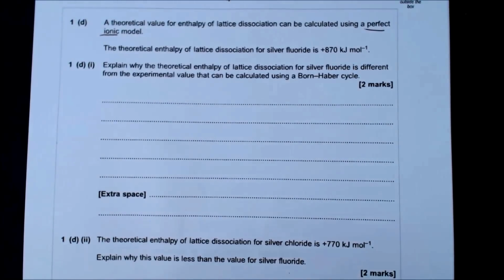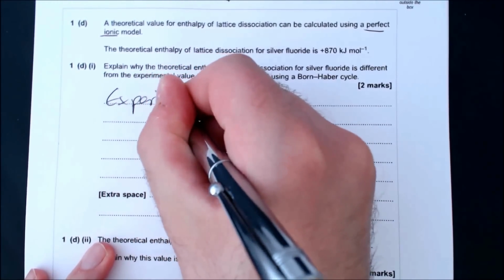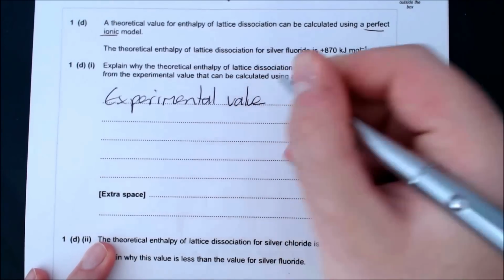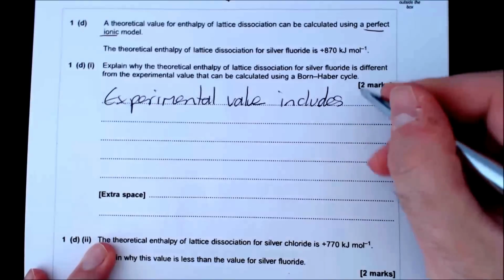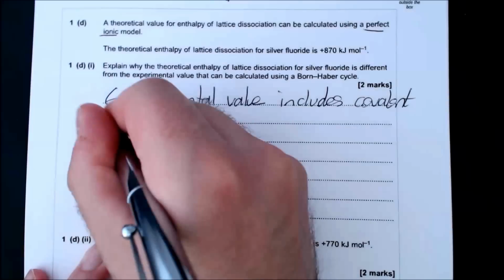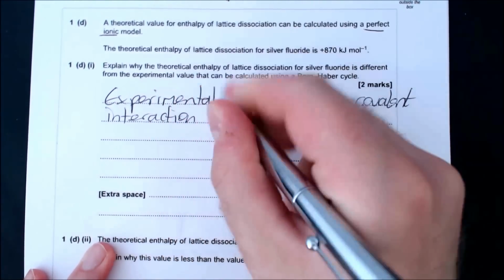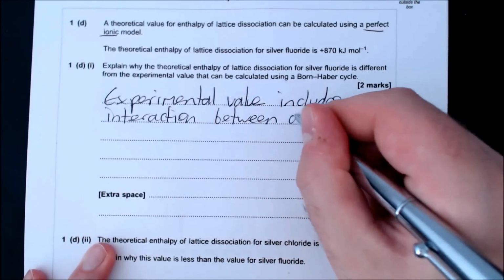So the experimental value, I'm going to write this down on here. The experimental value basically includes covalent interactions between the atoms.